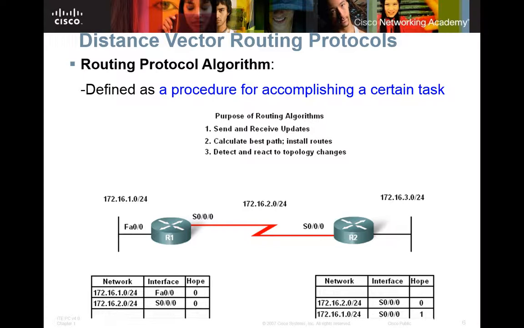Okay, let me just explain this to you. We have a Fast Ethernet coming out of router 1, then serial 0/0/0 between those two routers, and then you have Fast Ethernet probably over here, even though they didn't label it. If I'm going to send something out of this Fast Ethernet to get over to this router, what am I going to see? Why does it say hope instead of hop?